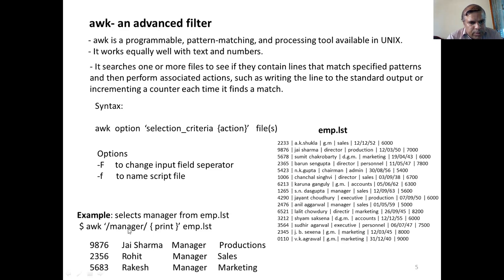This is the pattern; we want to select manager. And then what is the action? The action in braces: we want to print the selected lines that contain the pattern manager from the file emp.lst. So this is the output. Let me show this on the command line.